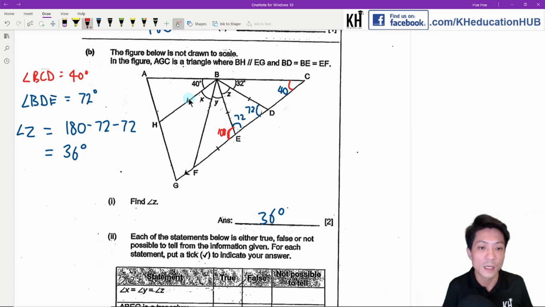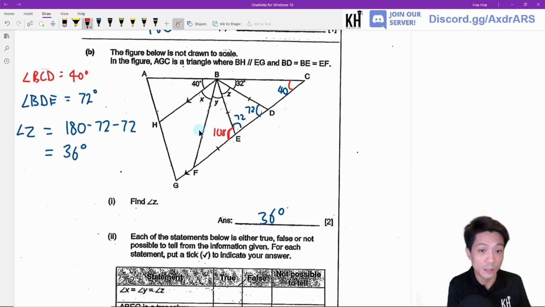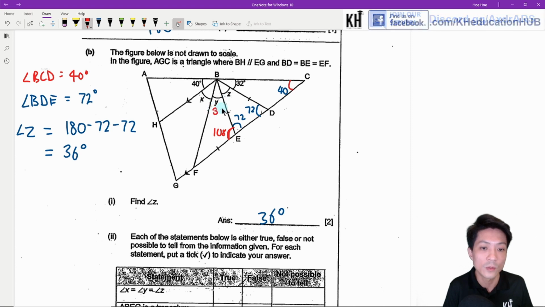Since this is an isosceles triangle, I can use 180 minus 108 divided by 2. I know that y is actually equal to 36. Since this angle here is 36, look at the alternate angle over here. Angle x is also equal to 36, which means that the first one is true.